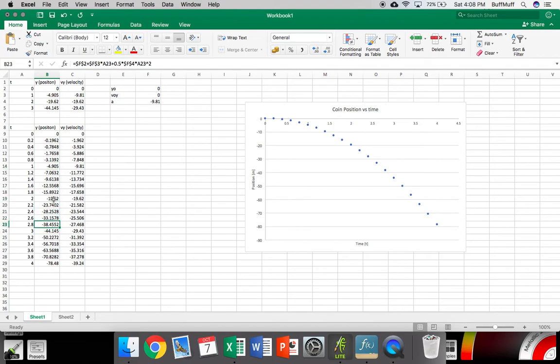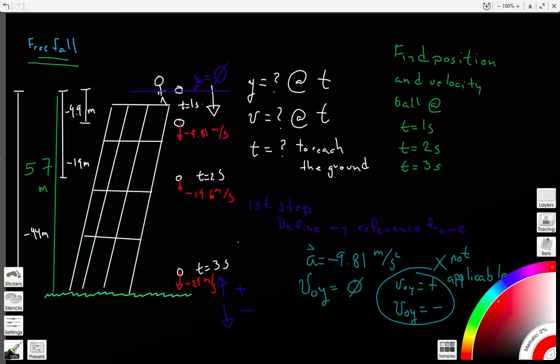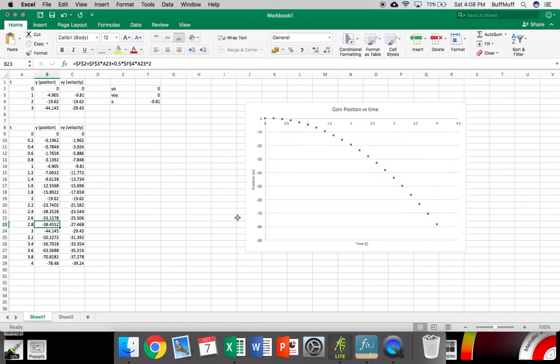So if the height of the tower is around 57 meters, wait, let me double check that. Yeah, 57 meters. So at what time does the ball hit the ground? Well, we can analyze this graphically, right? Because we can figure out that the ball has hit the ground once this value is negative 57.